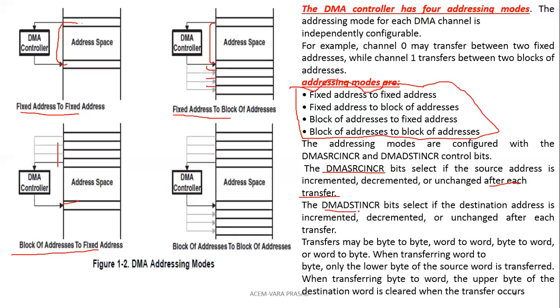Similarly, for the destination, the DMA DST INCR bits select whether the destination address is incremented, decremented or unchanged. Similarly, the data is transferred as byte, 16-bit, byte to word or mixed. Mixed means 8-bit to 16-bit, 16-bit to 8-bit.